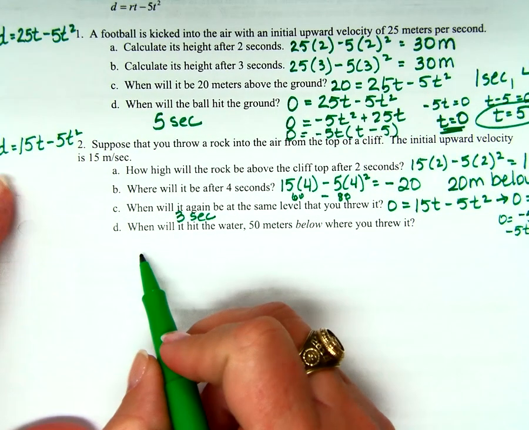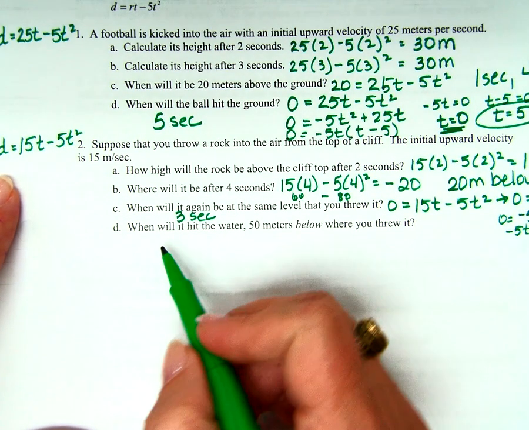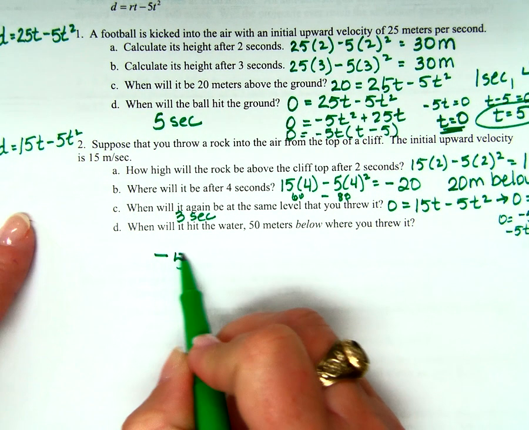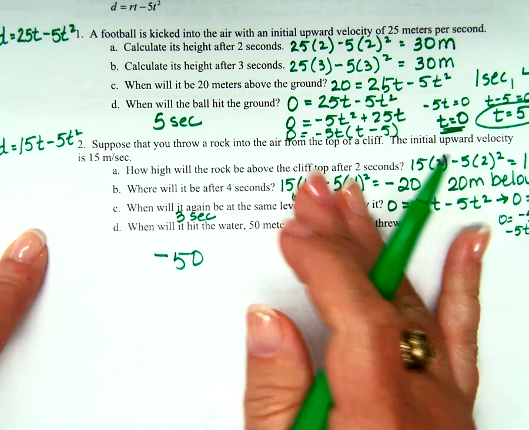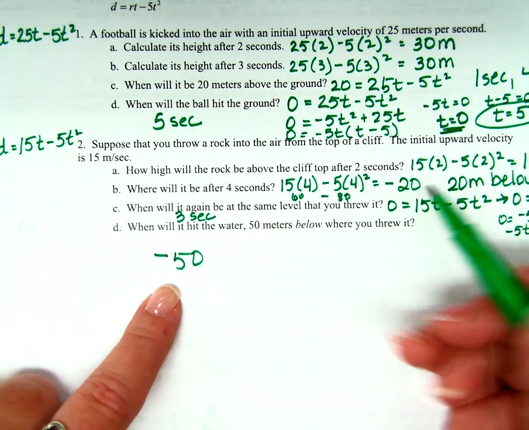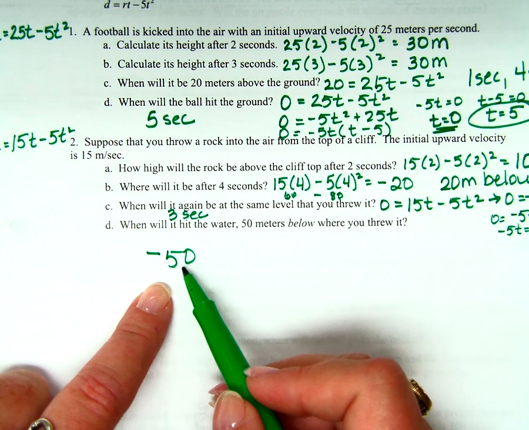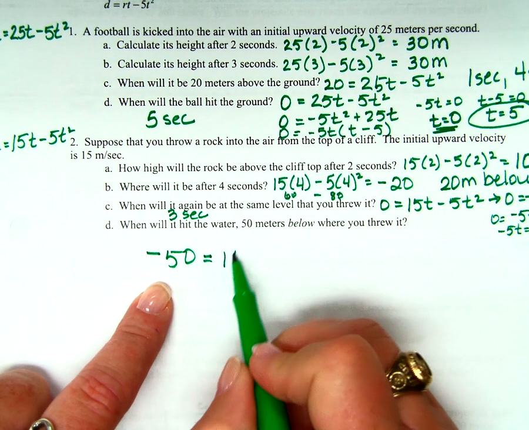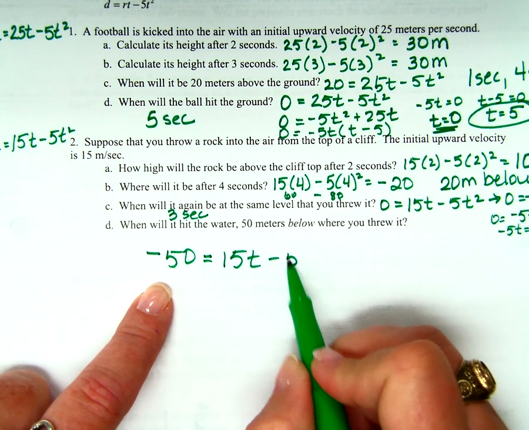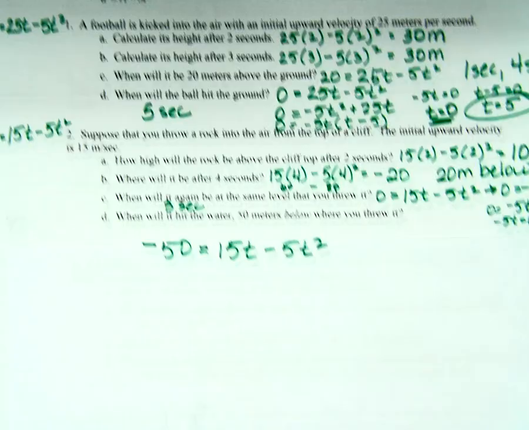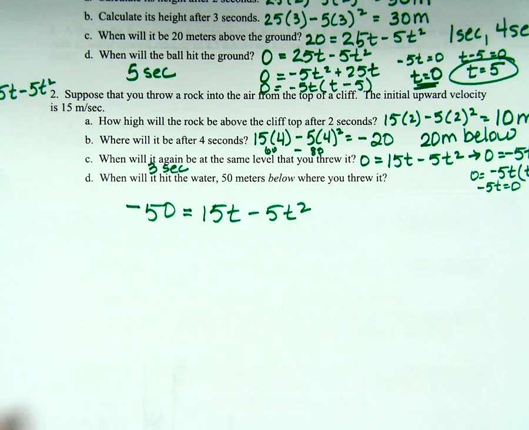What's my distance? Absolutely, negative 50. Now we know there's no negative distance, but when I'm talking about 50 meters below, what number do I have to put into the equation for that? Negative 50, right? 15t minus 5t squared. So what do you want to do to solve this one?